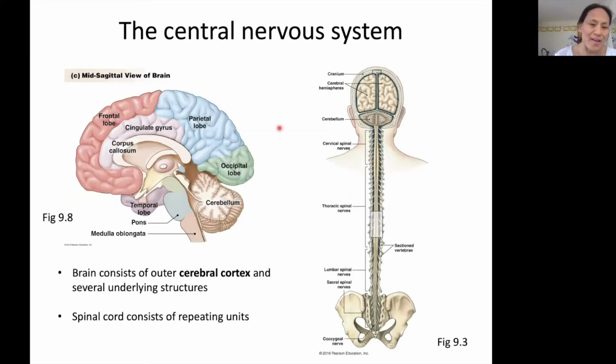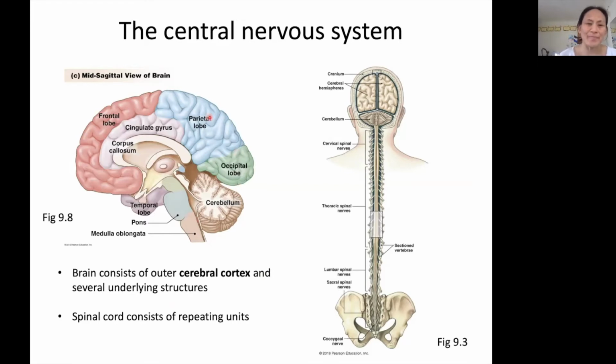It's very, very fascinating. But suffice it to say, for the purposes of this lecture, the brain is going to consist of this outer layer called the cerebral cortex. And then it's going to have all these other structures underneath that. Okay, that's kind of all I'm going to say about the brain.